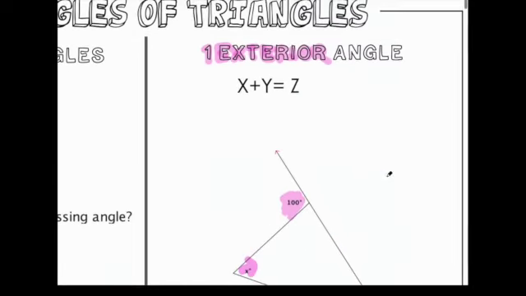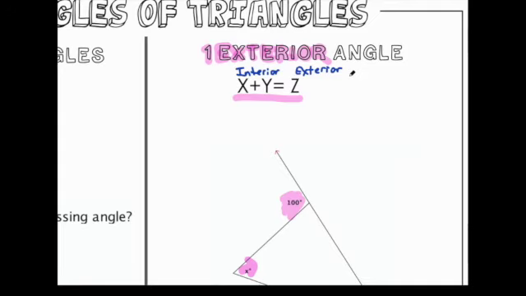So this is different than the others. How this is set up is the relationship is X plus Y equals Z. In other words, the interior angles add up to equal the exterior angle. Those two non-adjacent angles to that exterior add up to be the exterior.